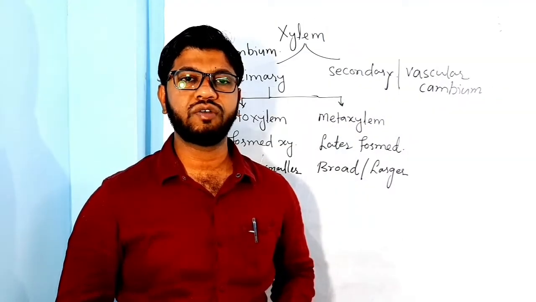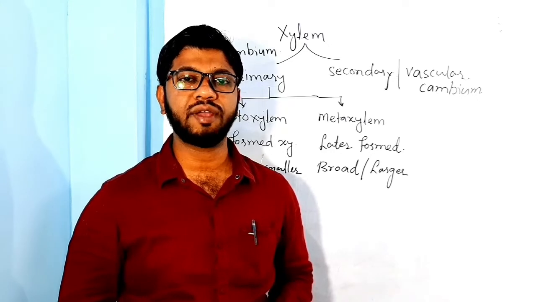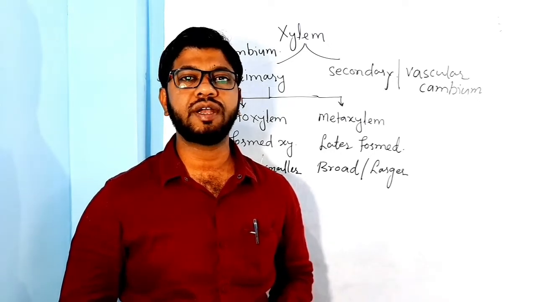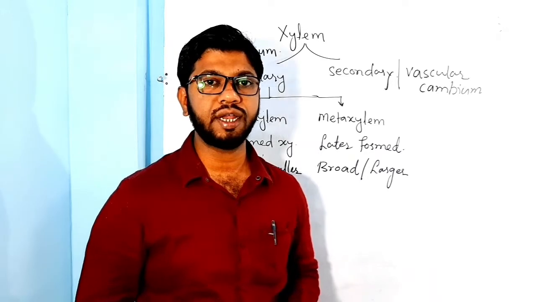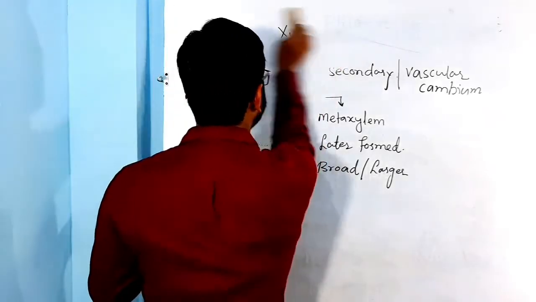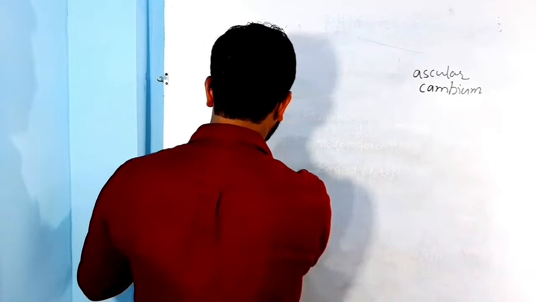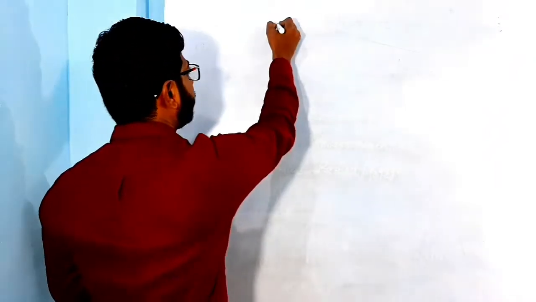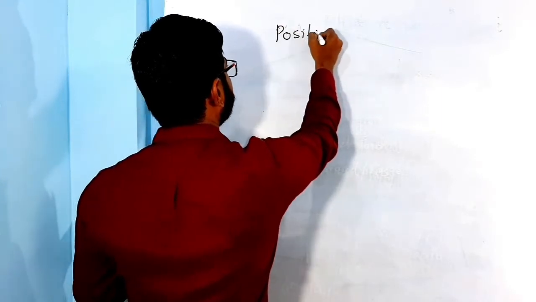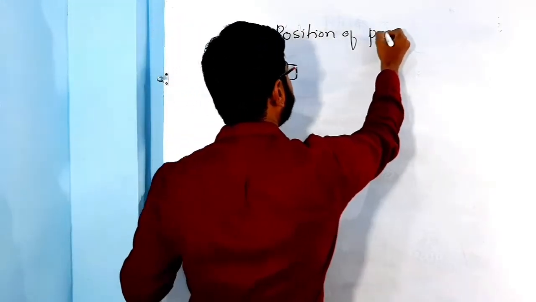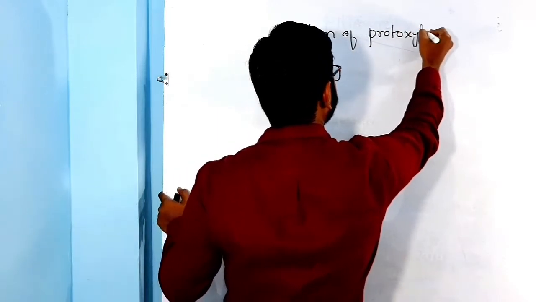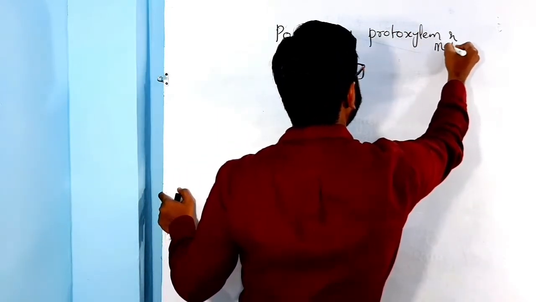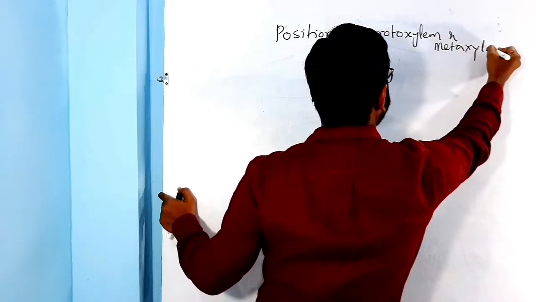On the basis of position of protoxylem and metaxylem, vascular bundles are classified into three types. So now this is the classification of vascular bundle on the basis of position of protoxylem and metaxylem.